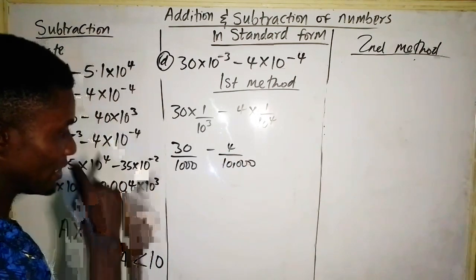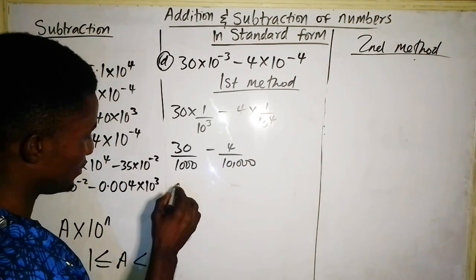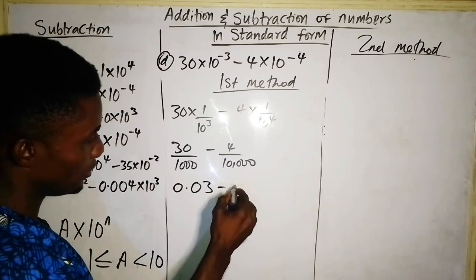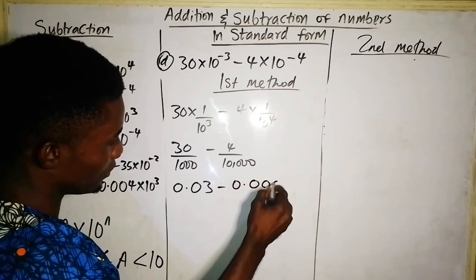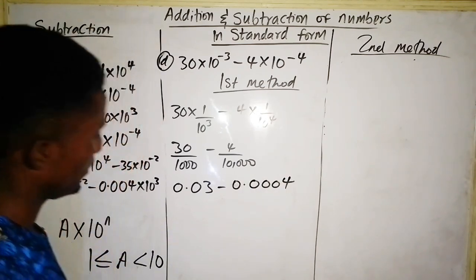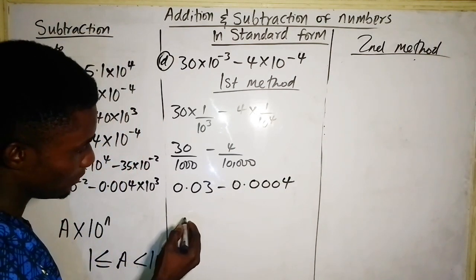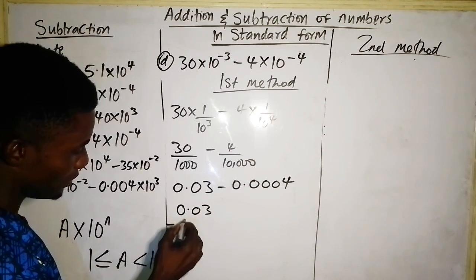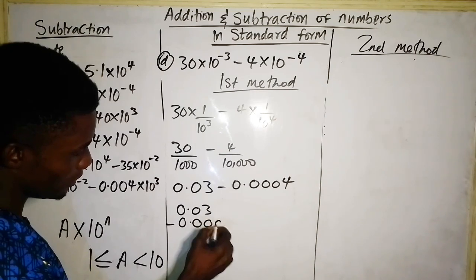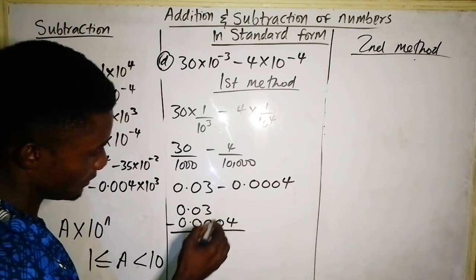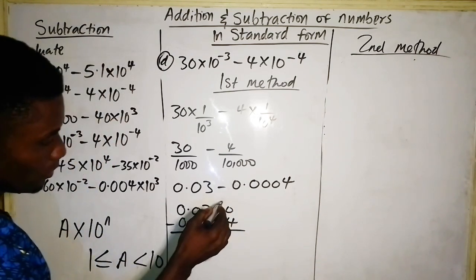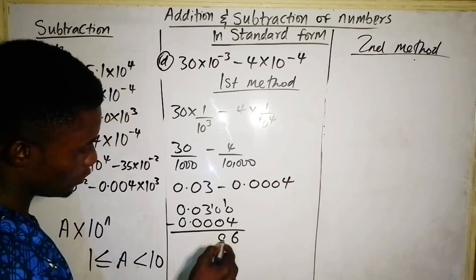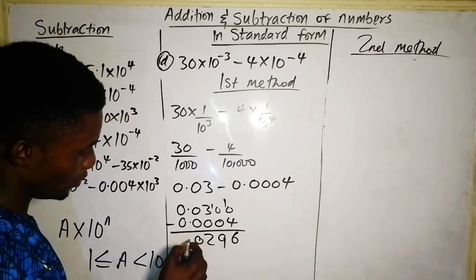So if I want to express this now in ordinary form, I'm going to have 0.03 minus 0.0004. Now I can subtract. I will have 0.03 minus 0.0004. Let's balance this up with 0. We borrow 1 from this 3 to this other side. So we have, this is 6, this will be 9, this is 2, 0.0.